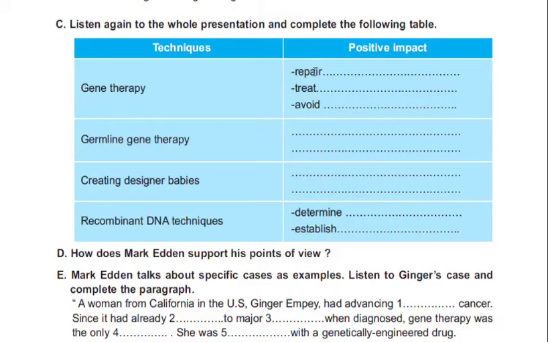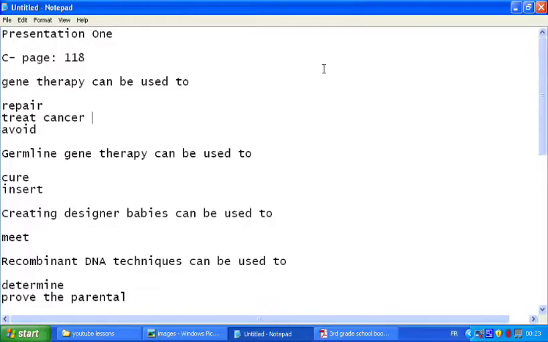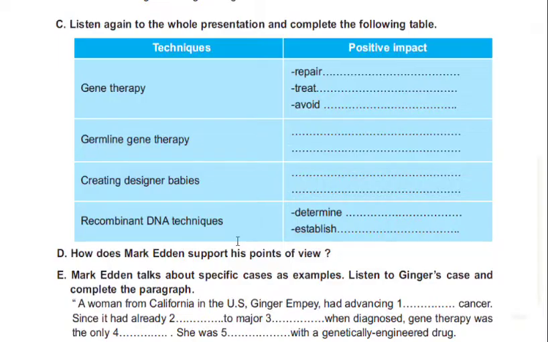They can be used to repair damaged or missing genes. So it can be used to repair damaged genes or replace missing ones. Moving on to the third use of gene therapy, and that is to avoid.